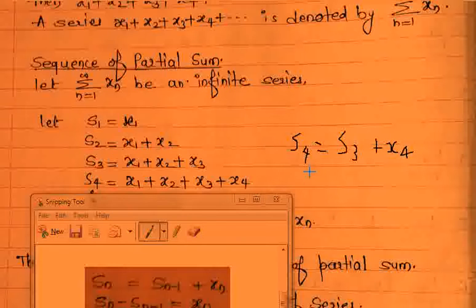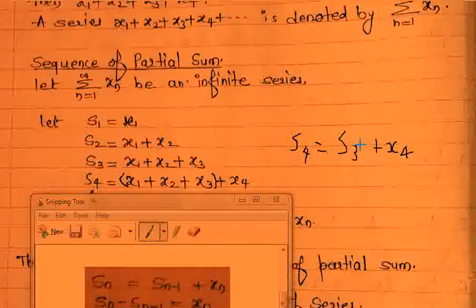Okay, so here S4, which is S3 here, plus X4, and here n is 4, and it works with this formula here. And here they have taken Sn, and you have subtracted S(n-1) from both sides.